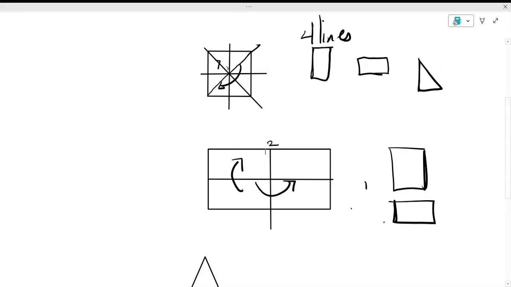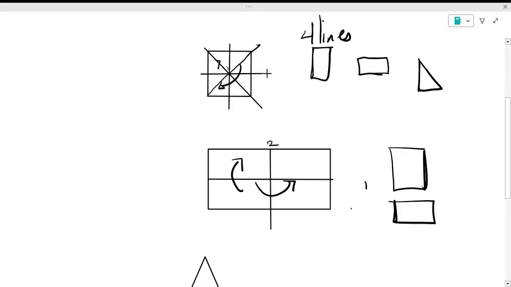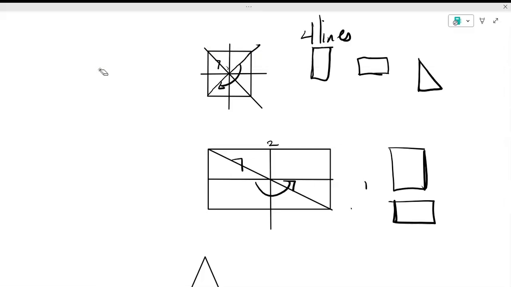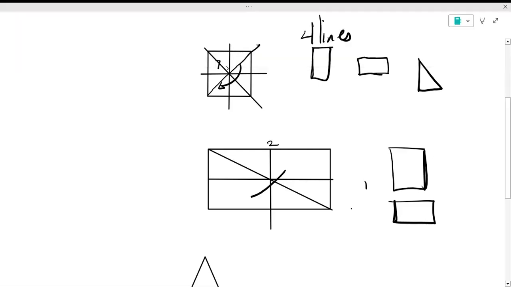So let's try diagonally and see what happens. So we draw a line here, here. And then we try to fold this. So let me quickly erase all this first, so it's not a distraction. Now we try to fold these parts and see what happens.